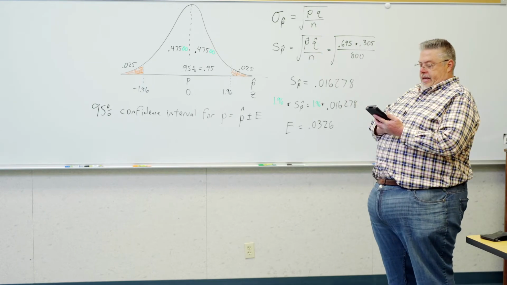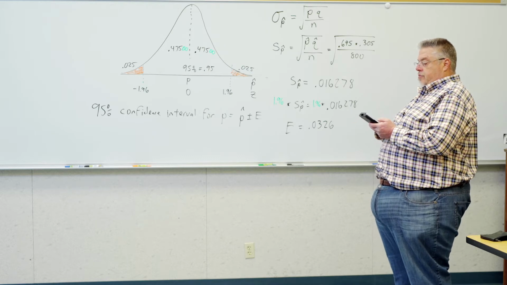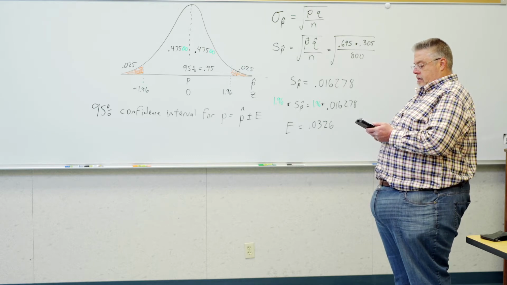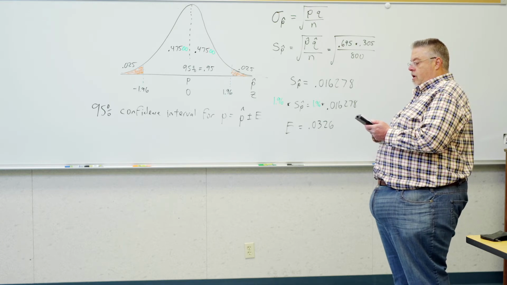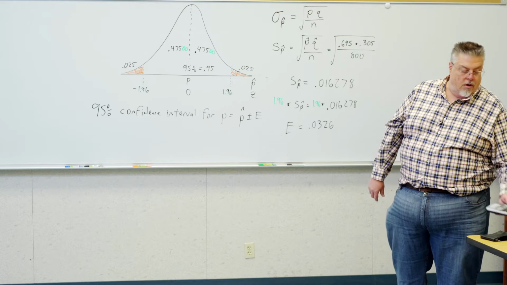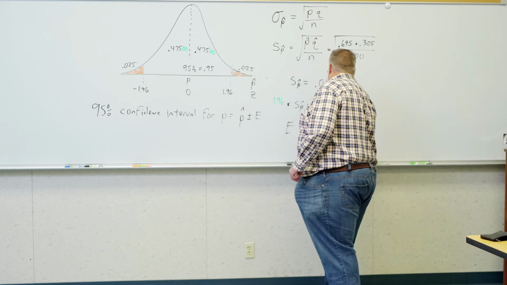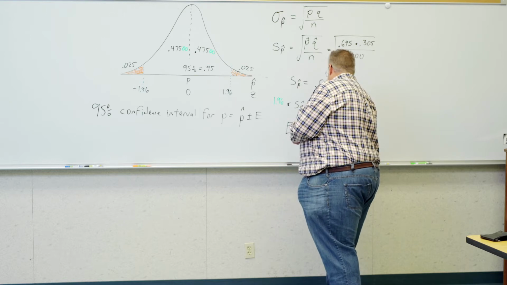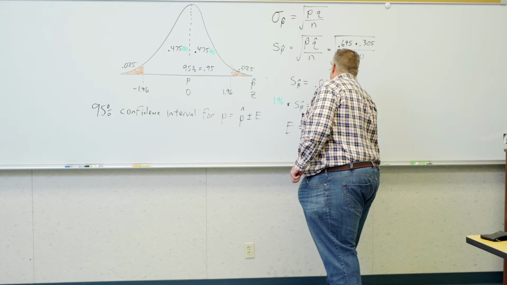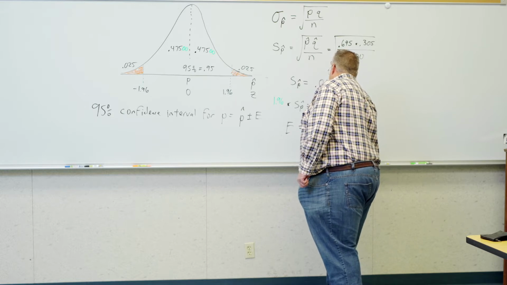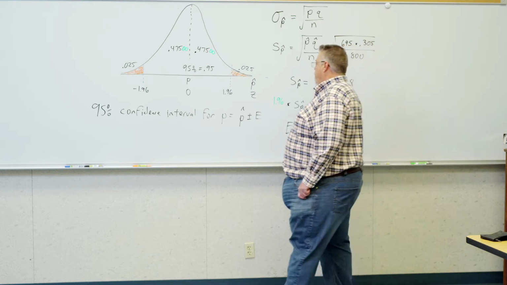I should say my maximum likely error estimate is going to be just a little bit narrower. I'm going to call it 0.0319. So not much of a difference, but to be a little bit more precise, this should be 0.0319.